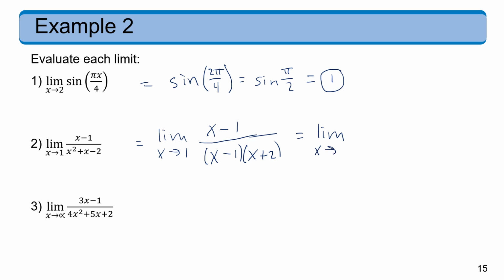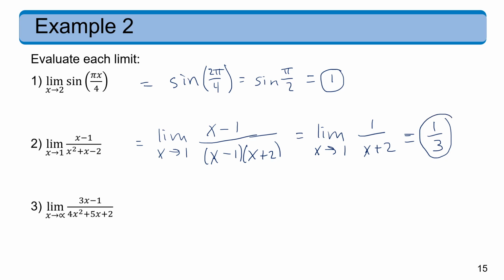When we cancel those, we get 1 over x plus 2. Now we try direct substitution again, and this time we're fine because we get 3 in the denominator. So remember, this is a rational function, and you're allowed to use direct substitution as long as the denominator is not 0, and that worked here.